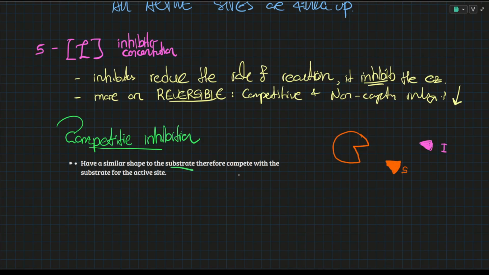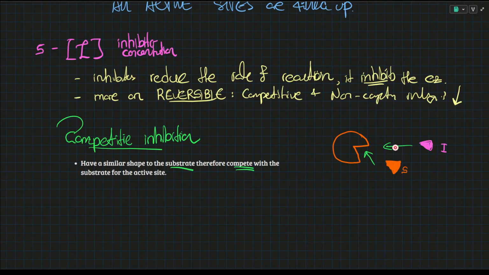The substrate competes with the inhibitor for the active site. If there are more substrates, they win the war. If there are more inhibitors, they win the war. That's the idea.